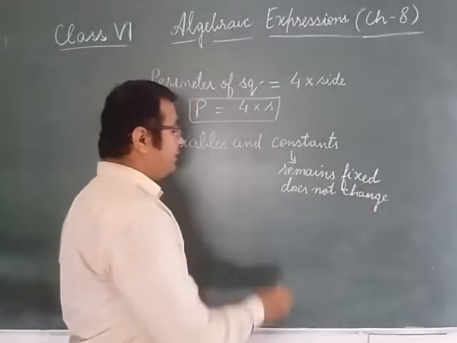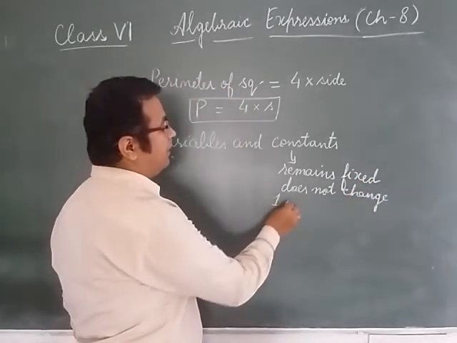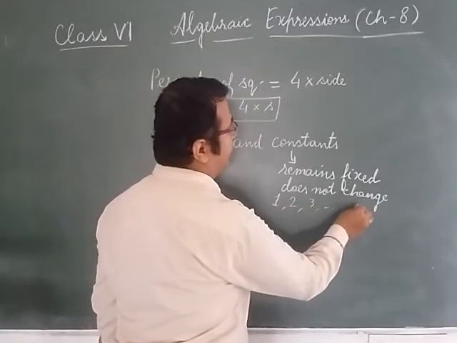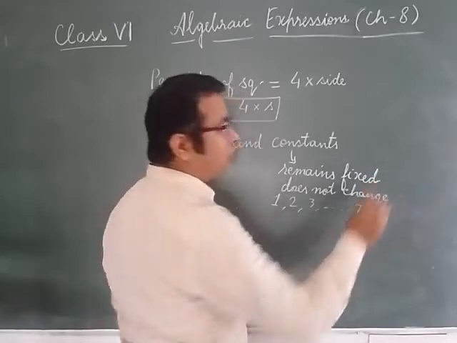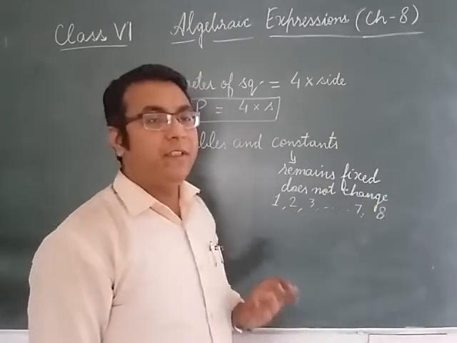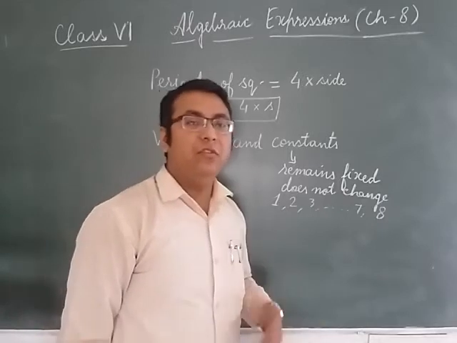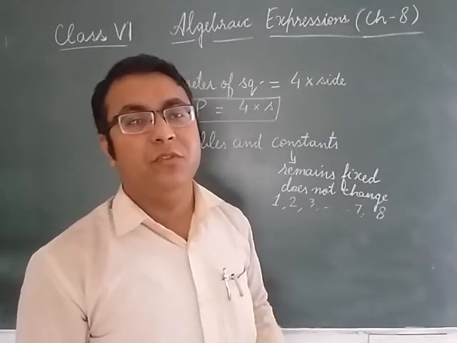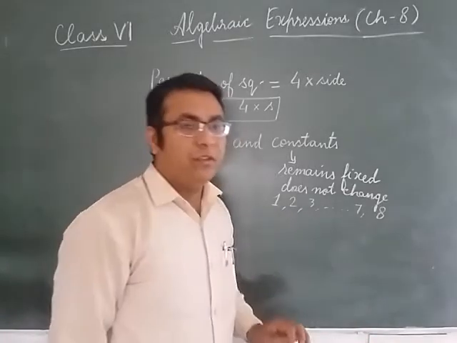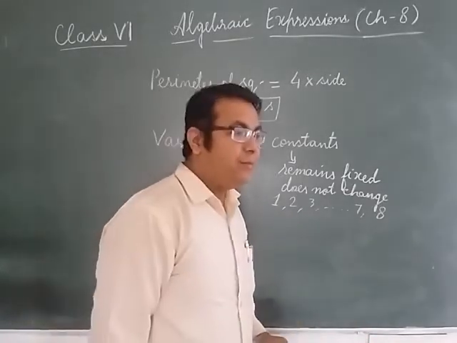For example, all the numbers are called constants. 1, 2, 3, 7, 8, and so on. The value of the numbers remains the same always. Okay, it will not change. So the symbols or numbers whose value remains the same throughout are called constants.